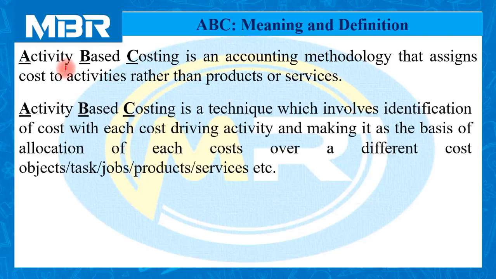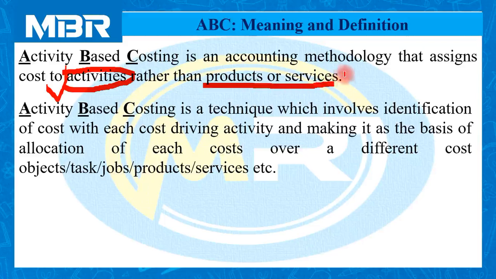It means here we need to consider different activities. For the purpose of distribution of overheads, we will not directly use products and services. So first of all, we have to define different activities.